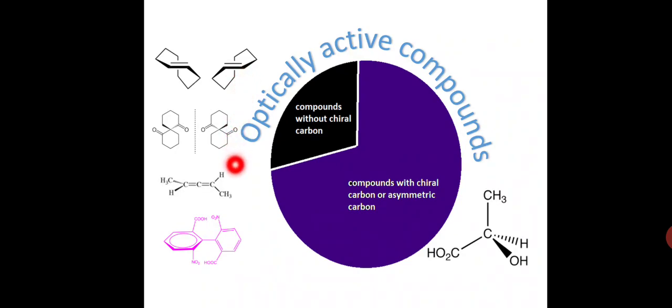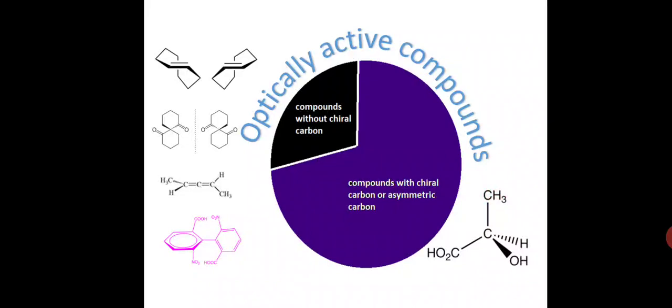The chiral carbon is a carbon that is attached to 4 different groups, and these species, that is cyclooctadecene, alkylidene compounds, allenes, and substituted biphenyls, do not have a chiral carbon, but they can also show optical activity, in addition to the molecules that have a tetrahedral chiral carbon.